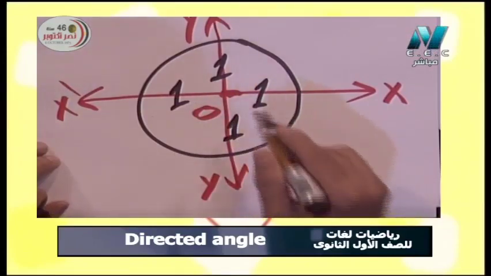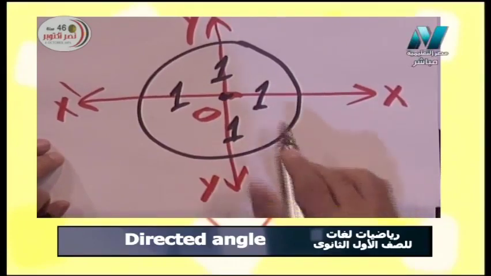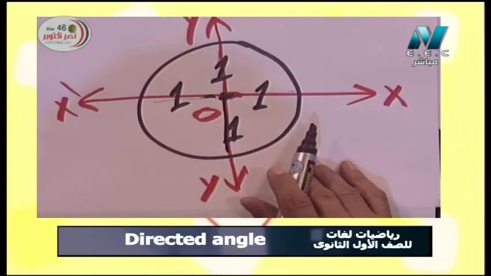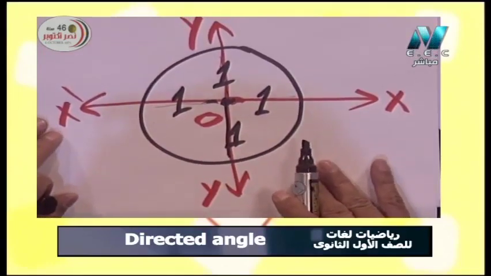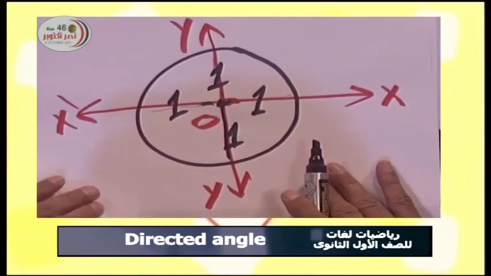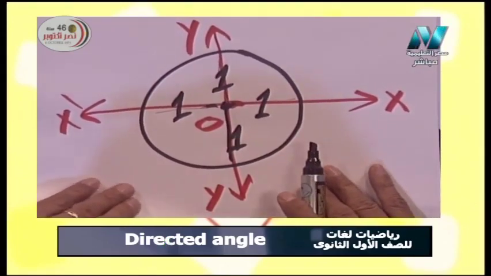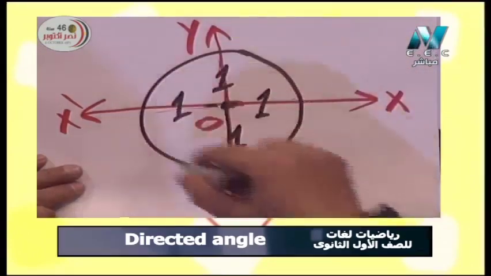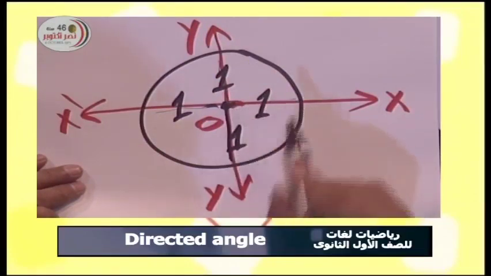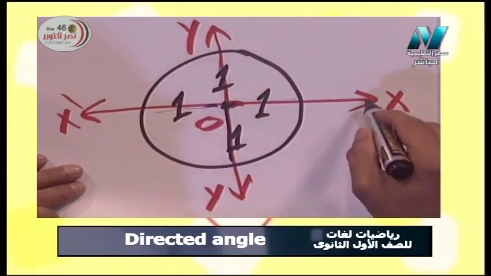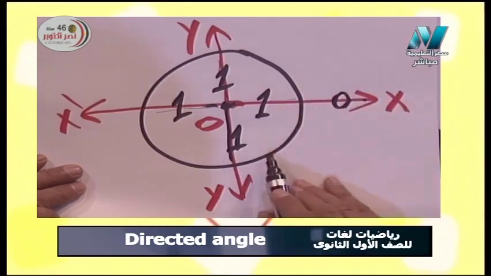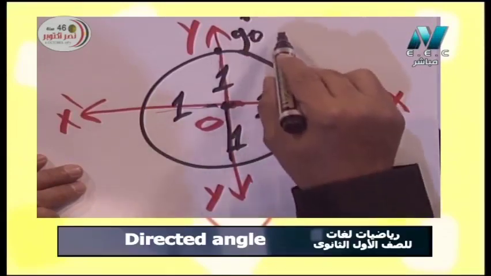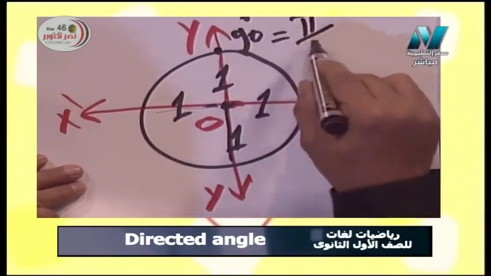Since each radius here equals 1 unit, we can say 1 centimeter, 1 meter, 1 kilometer, as we wish. If each radius equals 1, we will call this circle a unit circle because its radius equals 1. Okay, we know that here is 0 degrees and here 90 degrees, which is equivalent to pi over 2 as radian.